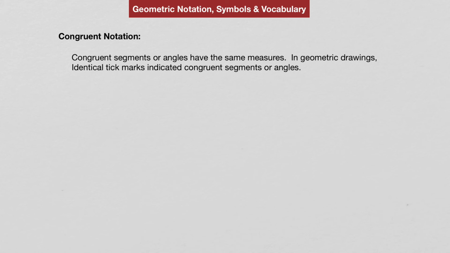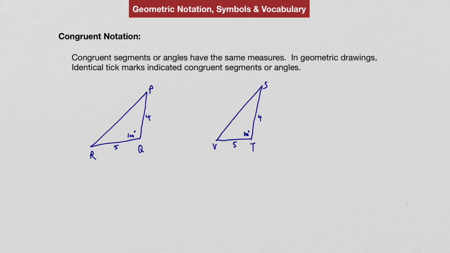So for example, if we have congruent angles, they would look like this. In looking at these two triangles, we see that there's an angle of 100 right here and an angle of 100.